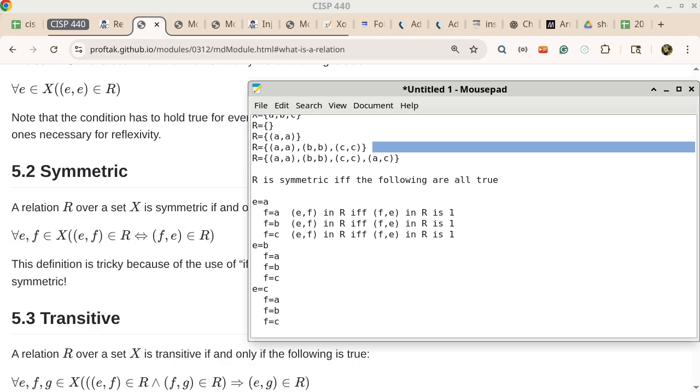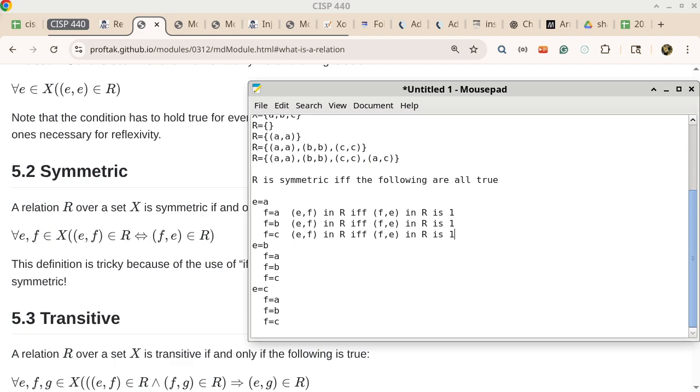In fact, I can pinpoint exactly where it is going to give us the false. It will give us a false when we are here, and one more time when we are here. Because when E equals A and F equals C, this will evaluate to false, because only one side is true and the other side is false. But because we also ask the question when E equals C and F equals A, this particular row would also give us a false.